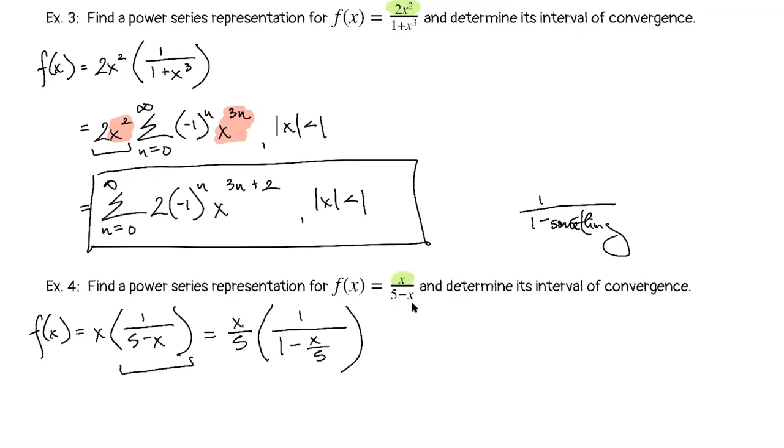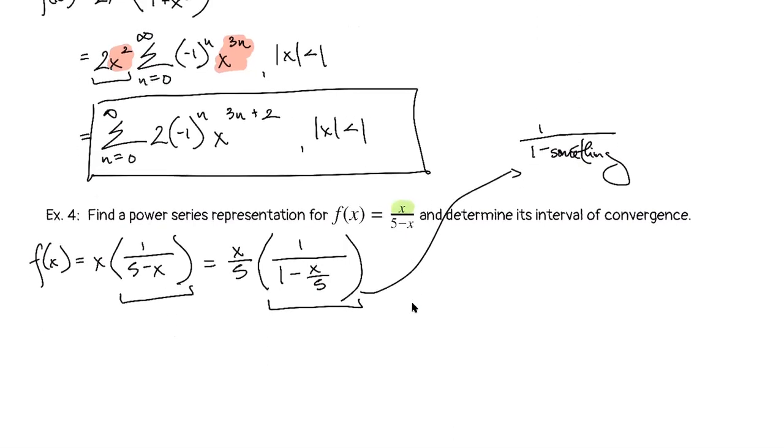Okay, so now this part matches super well with something I already know, okay? So we can write that second part in its power series representation, and then we can take our term in the front and multiply it back in, okay?